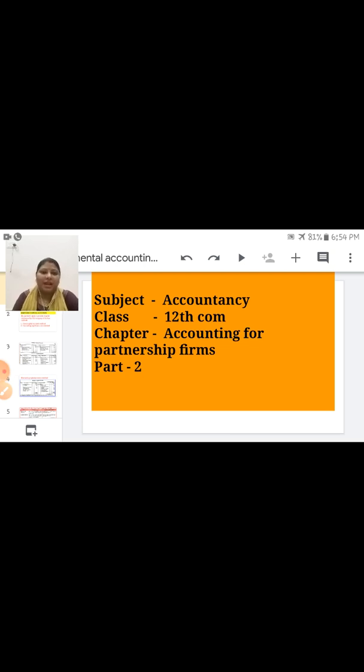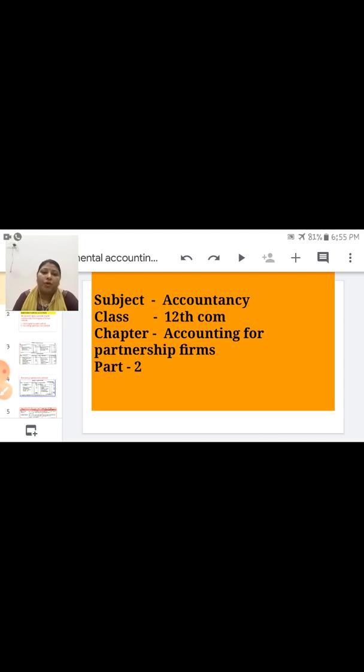Today we will start our second part of accounting for partnership firm. Before going to start, first of all we will recall the previous topics. In the previous video we have learned about meaning of partnership, partnership deed, treatment in the absence of partnership deed, interest on loan, and profit and loss appropriation account.